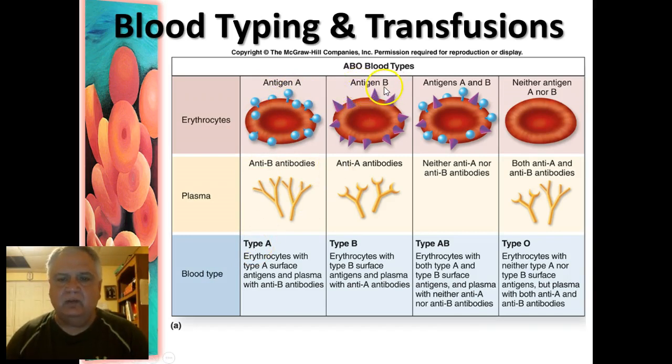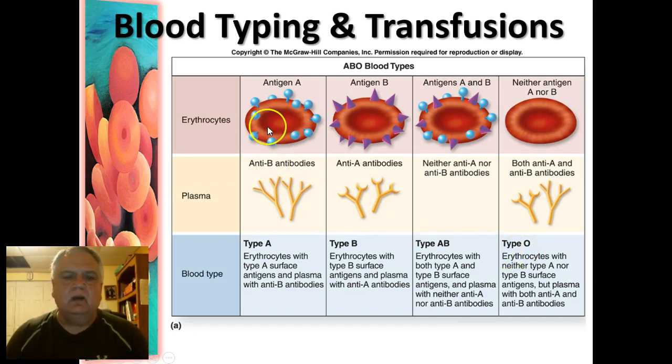Individuals who express the B antigen on the surface of their red blood cells are designated as having type B blood. Individuals who express both the A and the B antigens on the surface of their red blood cells are designated as having type AB blood. If you have neither the A nor the B antigens on the surface of your red blood cells, then you're designated as having type O blood.